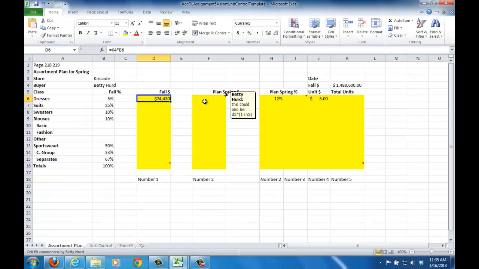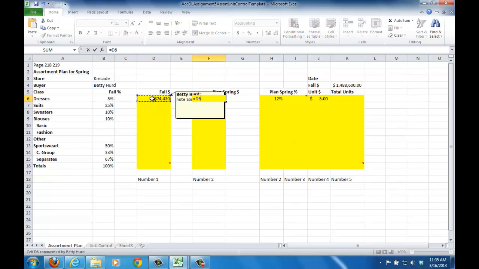So if we're going to have a 12% increase, it's going to equal the amount of money that we had times the percent increase plus last year's sales.